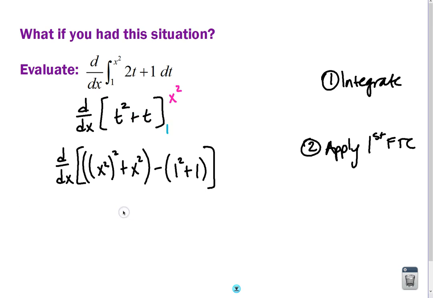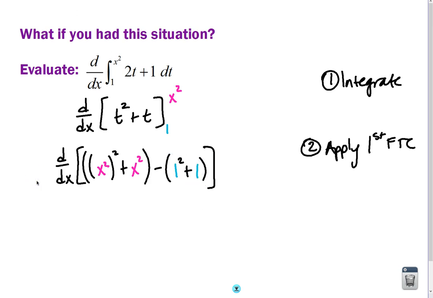Just like we plugged in our upper bound earlier into both terms, minus plugging in our lower bound, that's what I have done here. It's just that now my upper bound is coincidentally also being squared. So there's my upper bound here, and again here, and then my lower bound here and here.